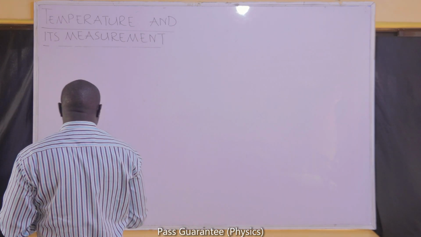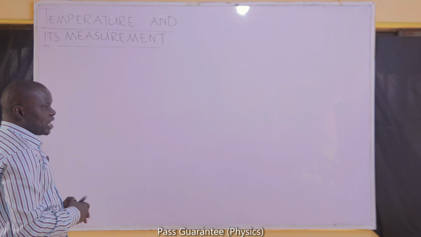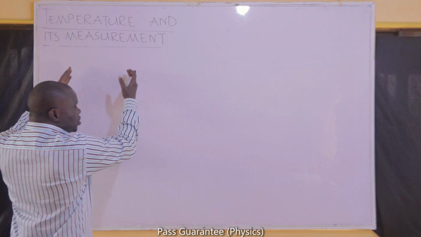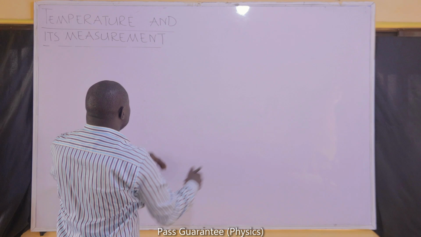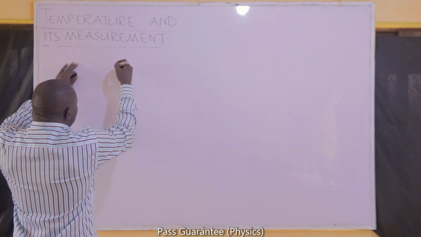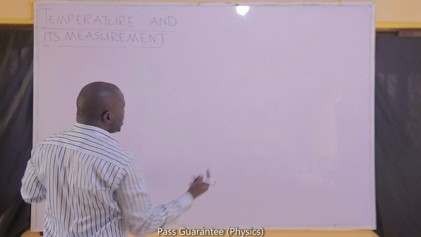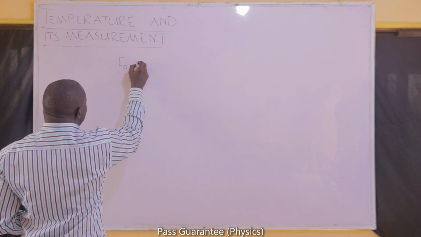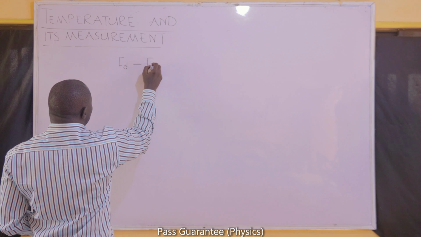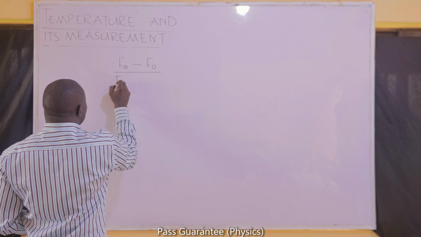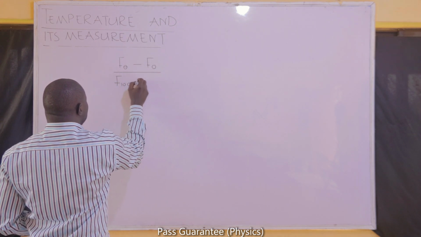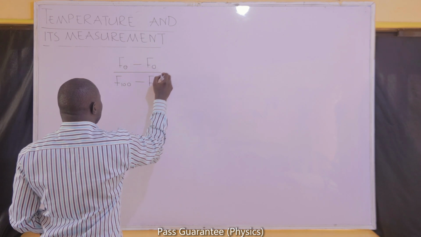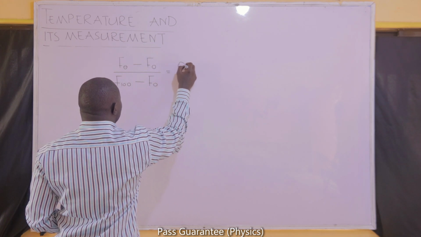I can use it by putting Fahrenheit on one side and Celsius on the other side. If I continue with the form in which I've been writing the formula, I can say that F at theta minus F at 0 all over F at 100 minus F at 0 is equal to the Celsius part.